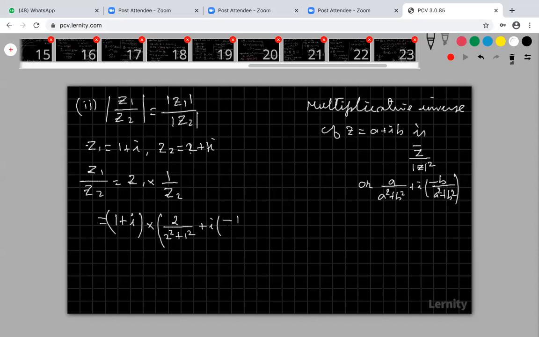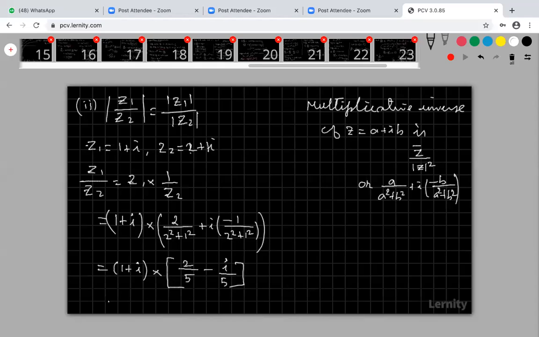So minus 1 divided by 2 square plus 1 square. Therefore this is 1 plus i into, this is 2 divided by 2 square, 4 plus 1, it is 5. And this is minus i divided by 4 plus 1, it is 5.